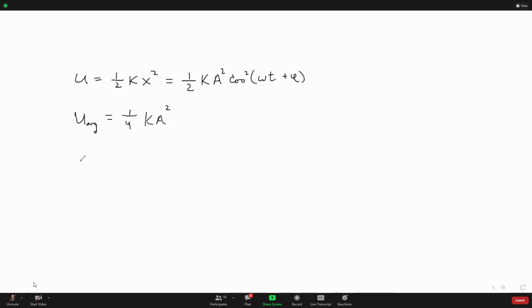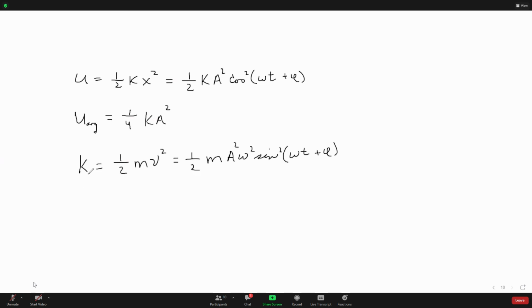Now, what about the kinetic energy? Well, the kinetic energy is 1/2 mv squared. That is equal to 1/2 m, and what is v? Well, v is minus a omega. So square that, we get a squared omega squared sine squared omega t plus phi.